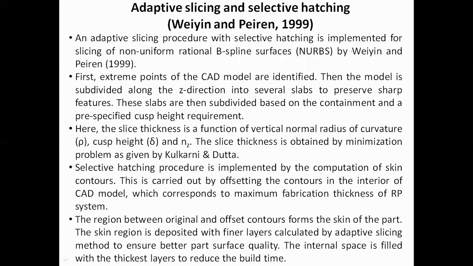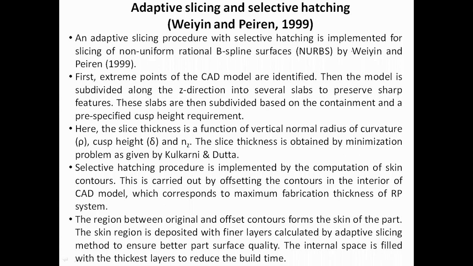Another process was adaptive slicing by Wayne and Perrin in 1999, and it used a non-uniform rational B-spline curve, NURBS, which is one of the most robust curves developed in surface modeling. It uses the surface geometry and the curvature, the normal radius of curvature and the n vector, which was also taken into consideration by Kulkarni and Datta.